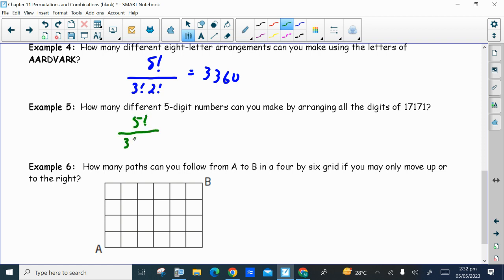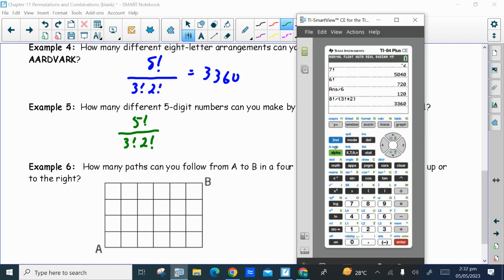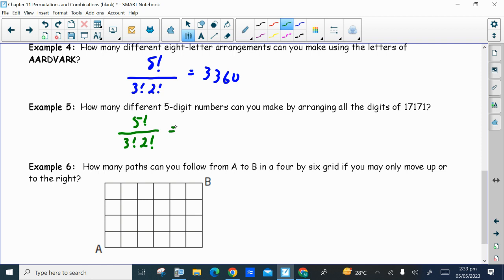There are 3 1s and there are 2 7s. So we're going to divide 5 factorial by 3 factorial times 2 factorial. So I can go back to that previous one and just change the 8 to a 5. It's the same thing on the bottom. 10 different 5-digit numbers are possible.